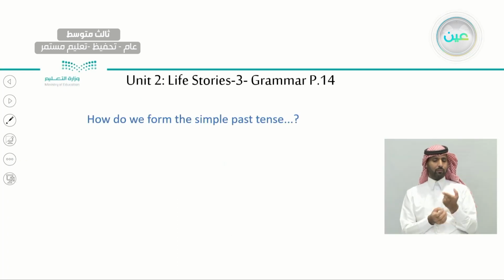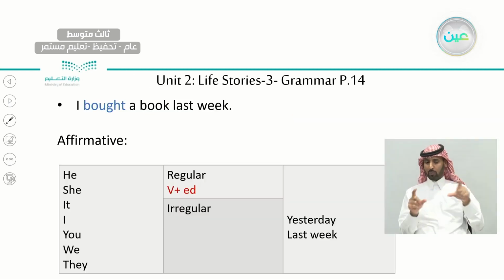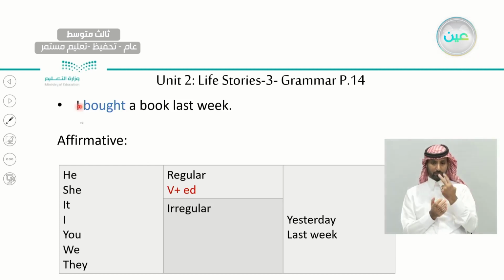Let's see. How do we form the simple past tense? Okay, how do we form it with the affirmative, with the regular sentence? Okay, look at the example. I bought a book last week. This is not a negative, not a question. This is an affirmative sentence. It's a regular sentence. We have here he, she, it, I, you, we, they, or Ahmed, Muna, Muhammad, Fatma.